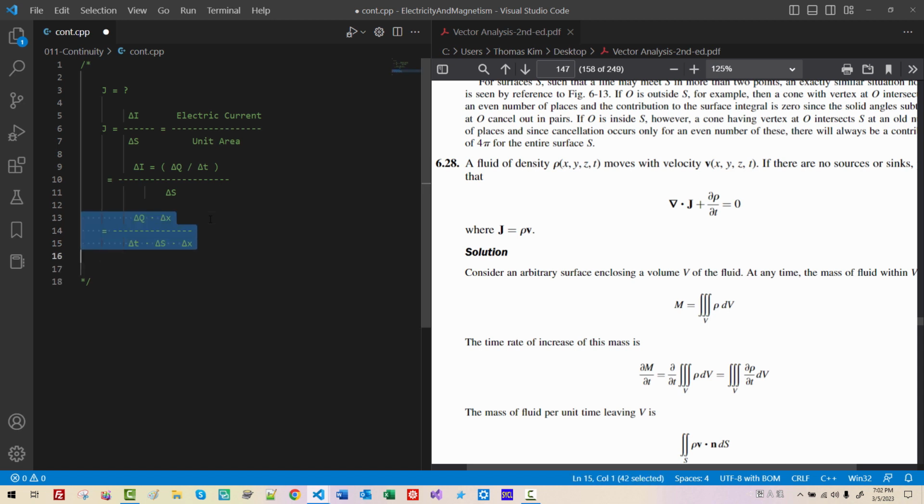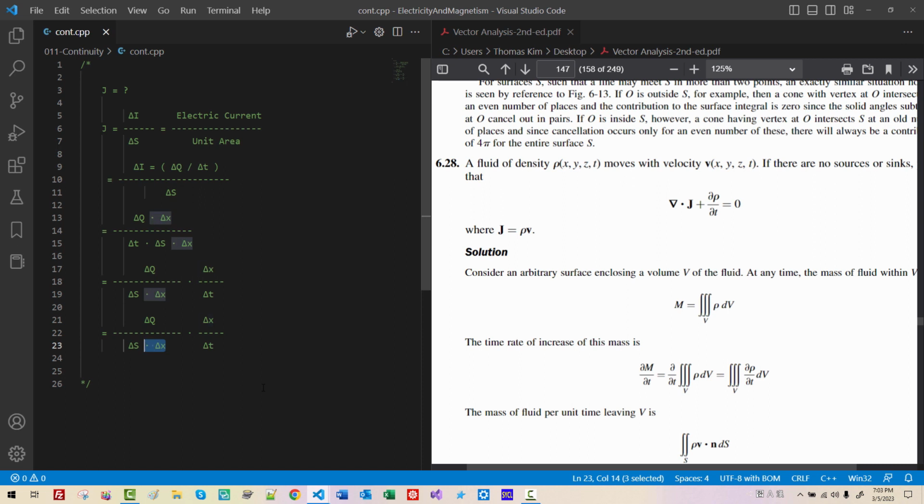Now we rearrange like this: delta S times delta X, delta T here. Then we rearrange this expression like this.